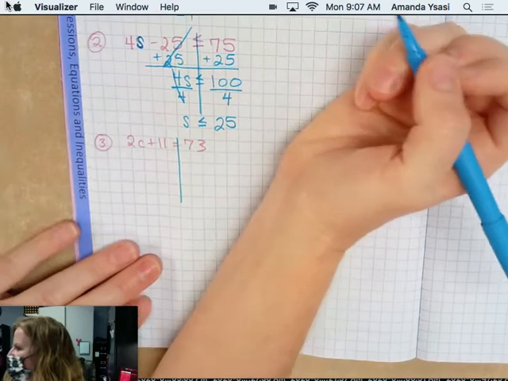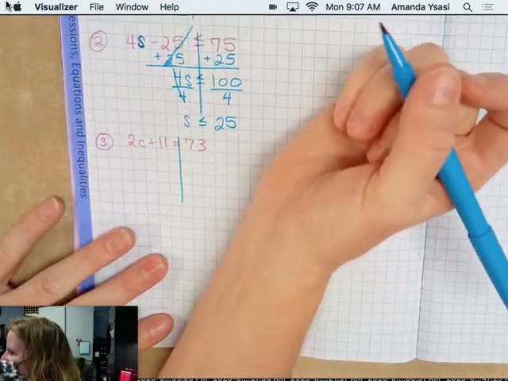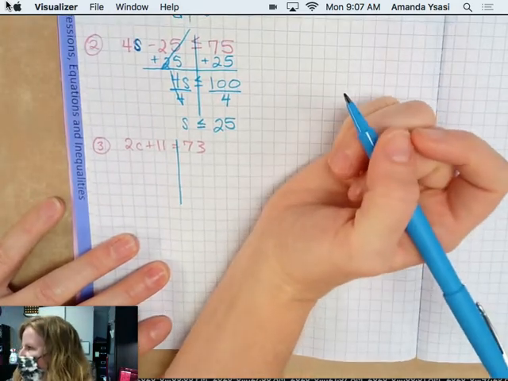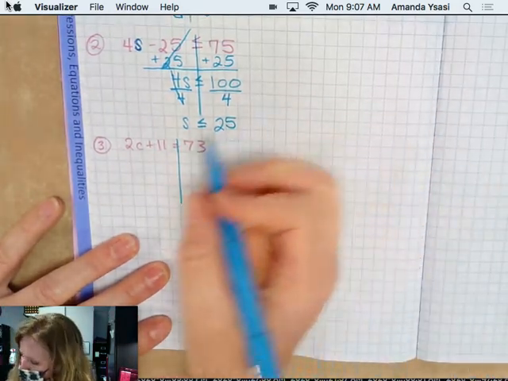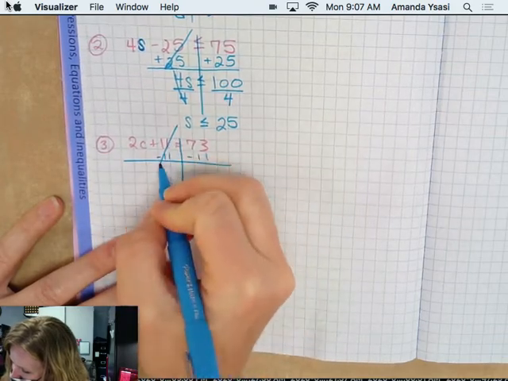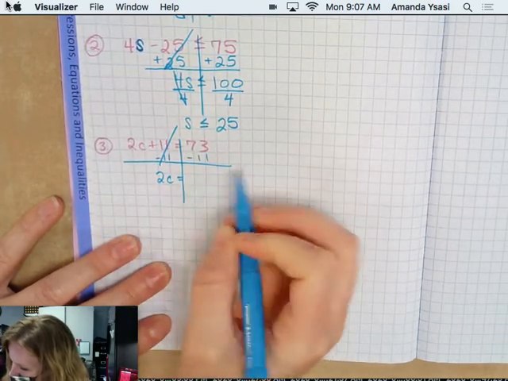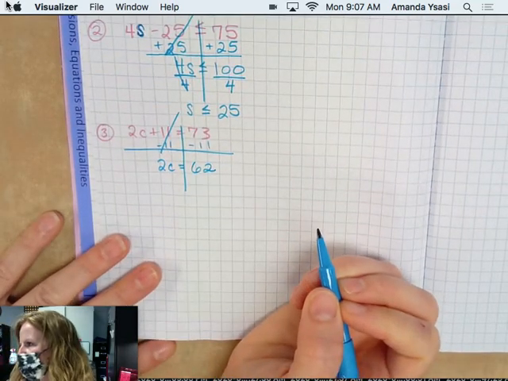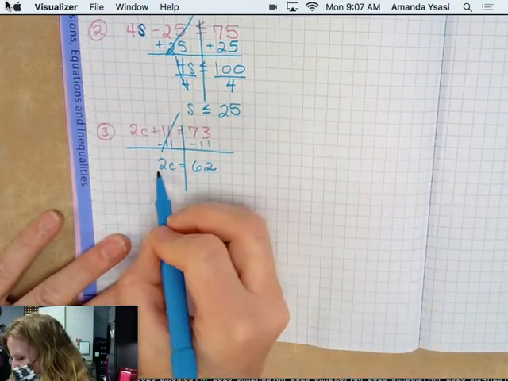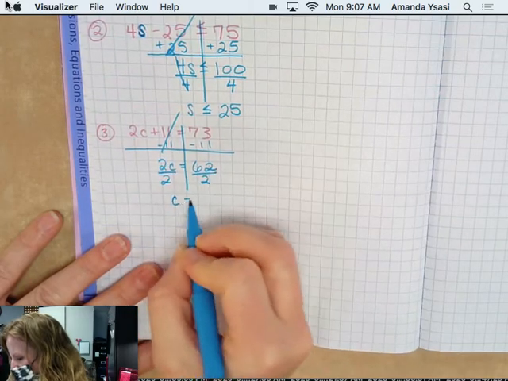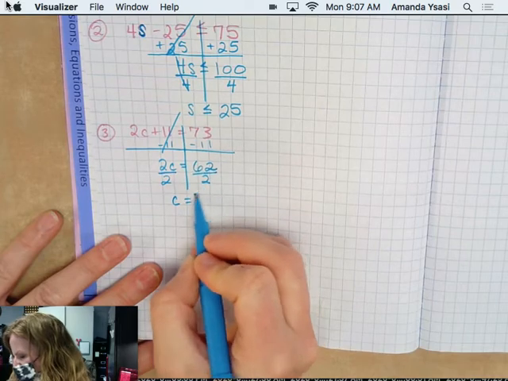Okay, so we need to solve this out. You should be working this out in your composition book. So we need to subtract 11. 2C equals 62. Divide by 2. C equals 31.